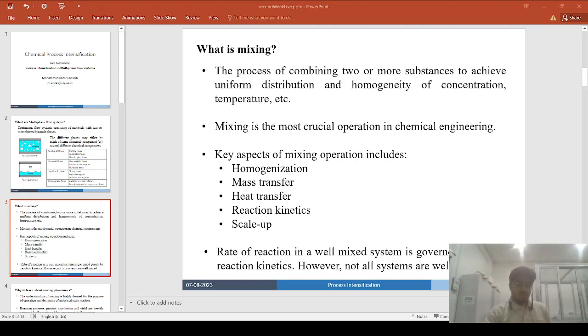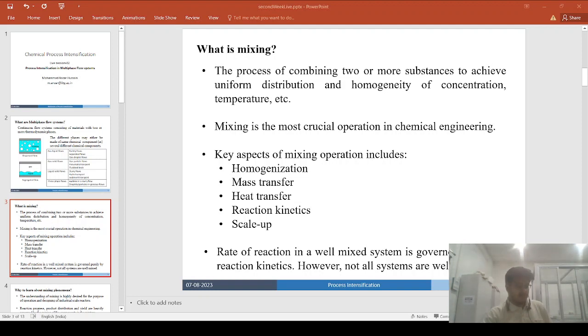So mixing is very crucial and basically the heart of chemical engineering. Now what is mixing? Mixing is a process of combining two or more substances to achieve uniform distribution and homogeneity of concentration, temperature, etc. Mixing is the most crucial operation in chemical engineering.